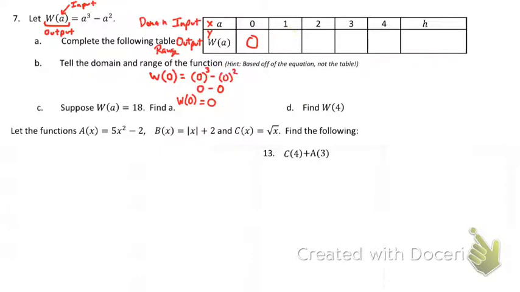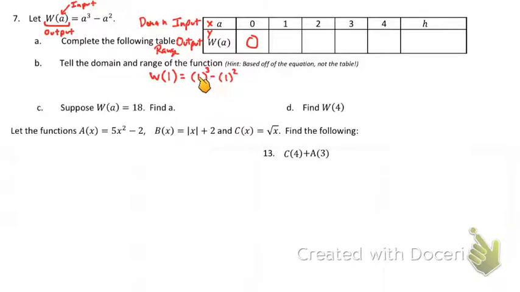So we're going to do the same thing. I'm going to erase this. And now we're using our function W. So we want the output when we plug in the number 1. Our input is 1. So let's do that math.